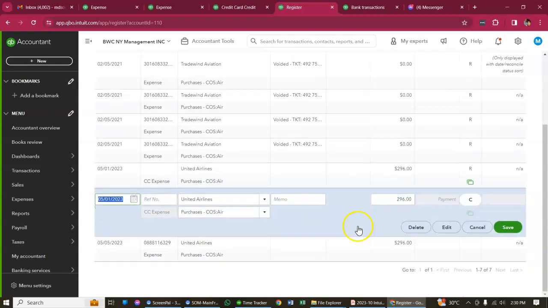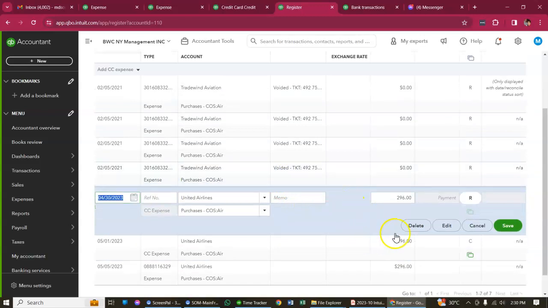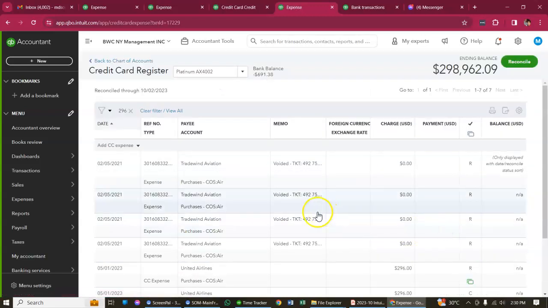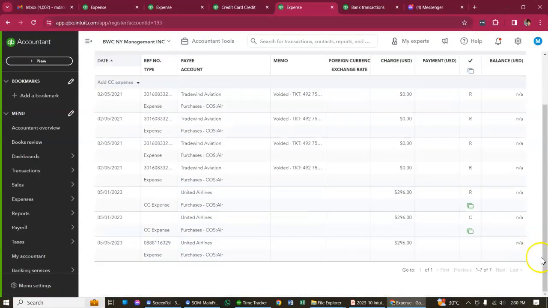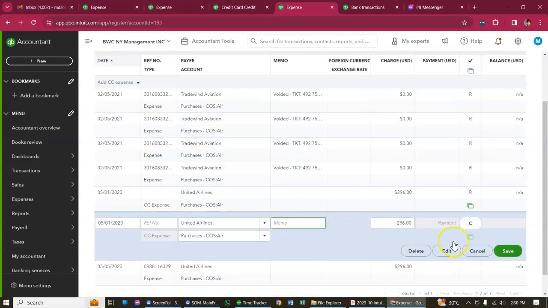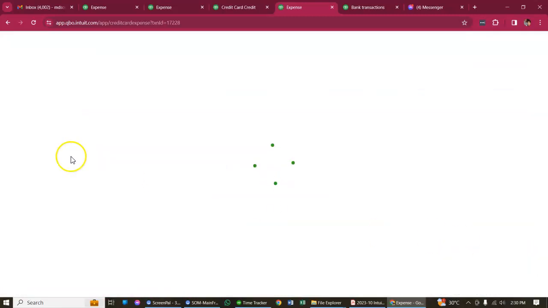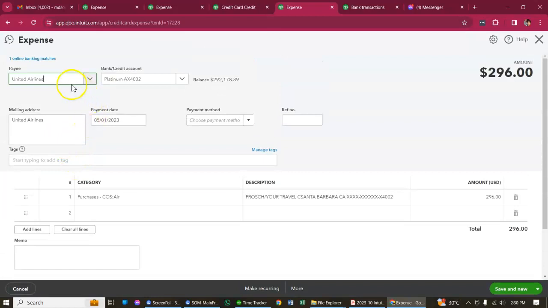I think the two are reconciled. This one is reconciled. Okay, and match. And the other one is also reconciled and match. But no, all only match but not reconciled.